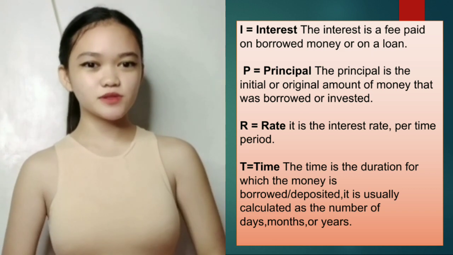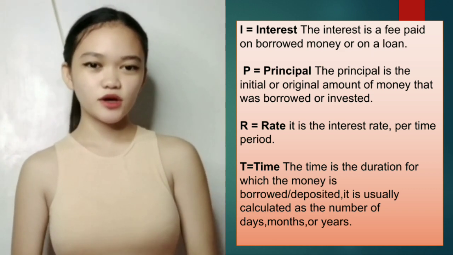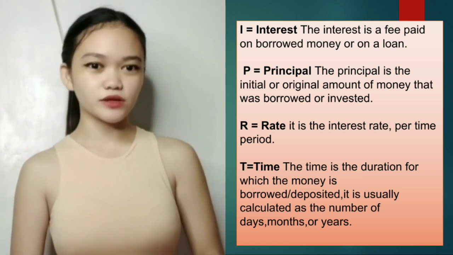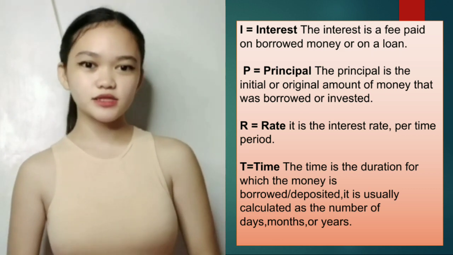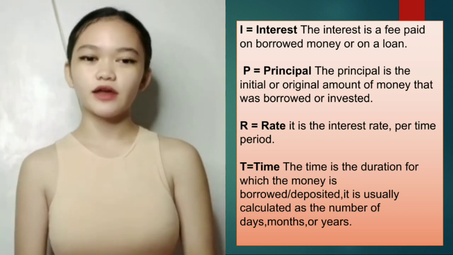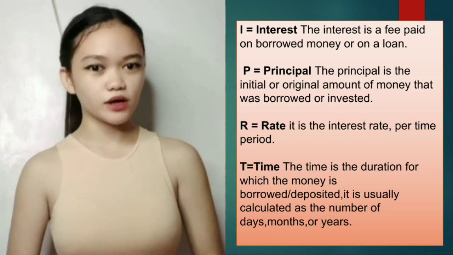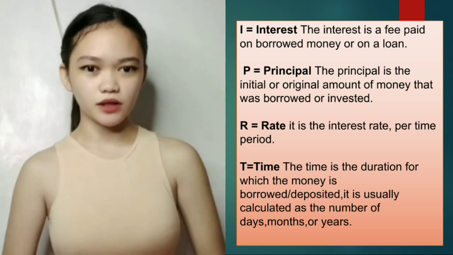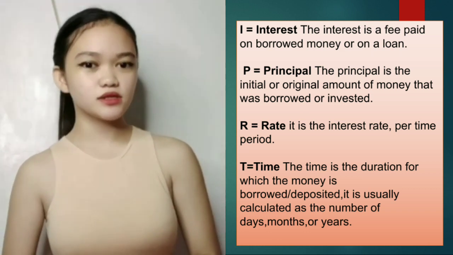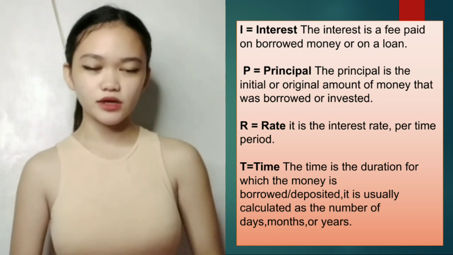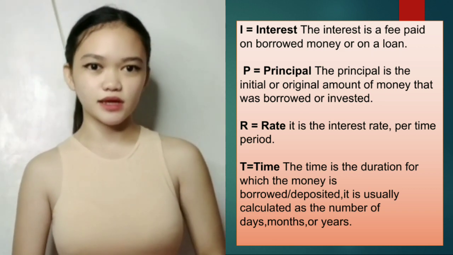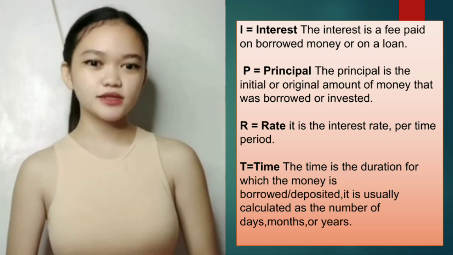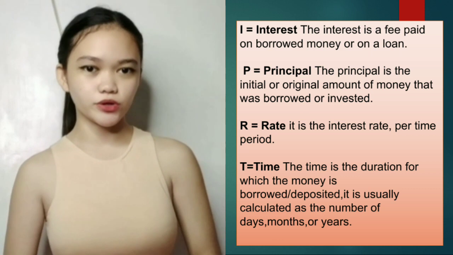And these are the terms of compound interest. The terms of compound interest are the same as simple interest, where I equals interest. The interest is a fee paid on borrowed money or on a loan. P equals principal. The principal is the initial or original amount of money that was borrowed or invested. R equals rate. It is the interest rate per time period.